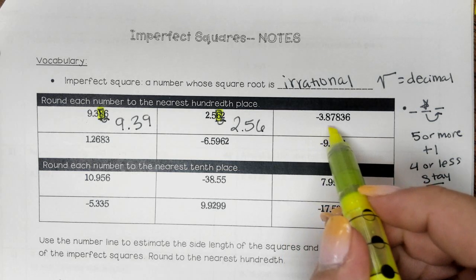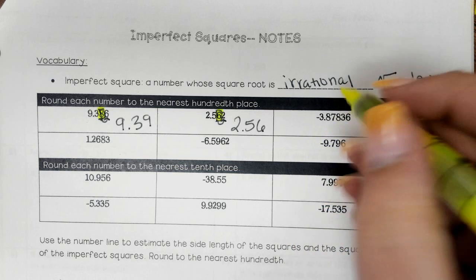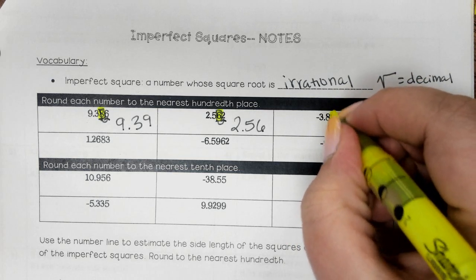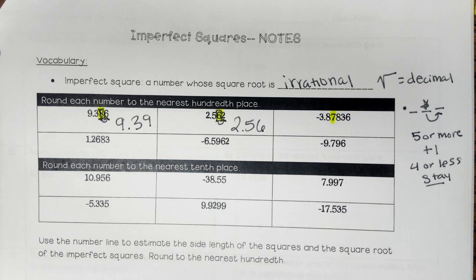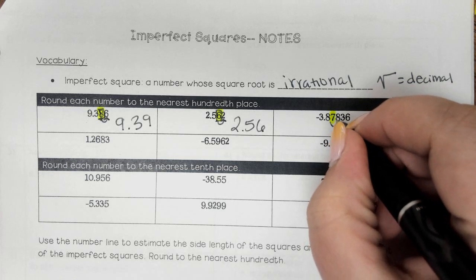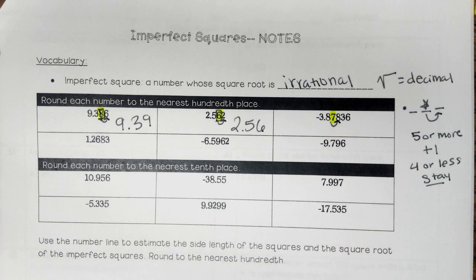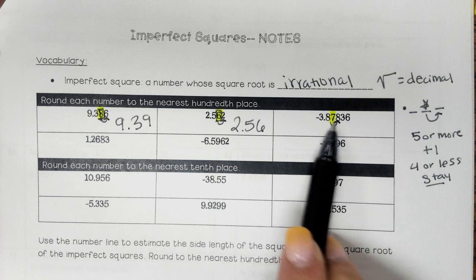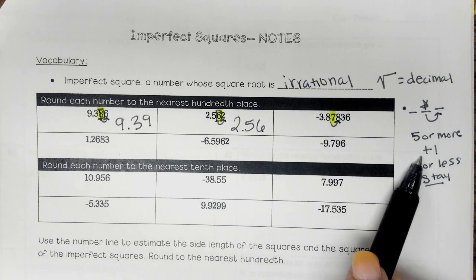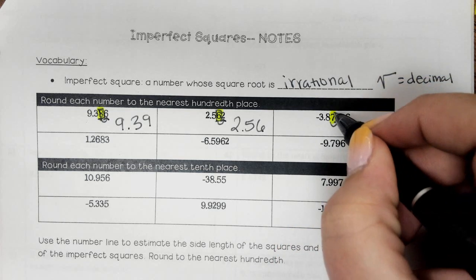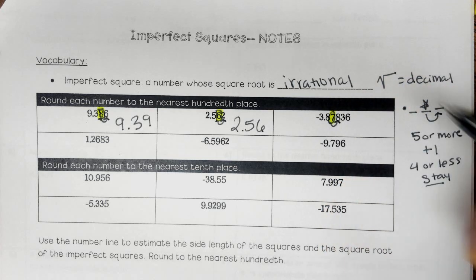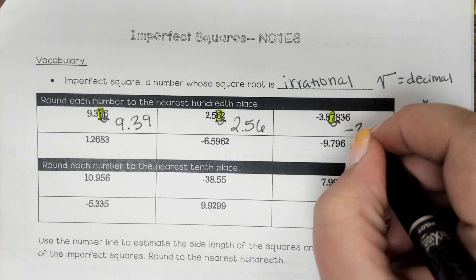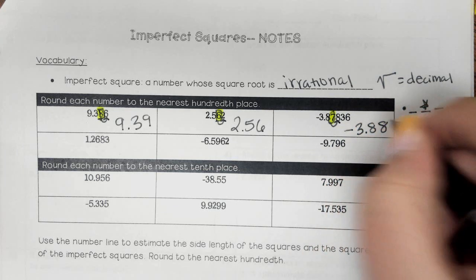In the number negative 3.87836, we want to round to the 7. So we look at the place behind the 100th place. That's 8, which is 5 or more. So we need to add 1 to the 7, the thing that we started with. 7 plus 1 is 8, so we'll have negative 3.88.